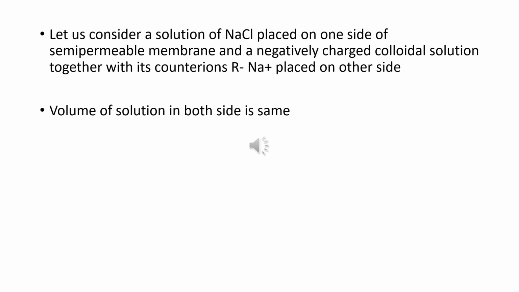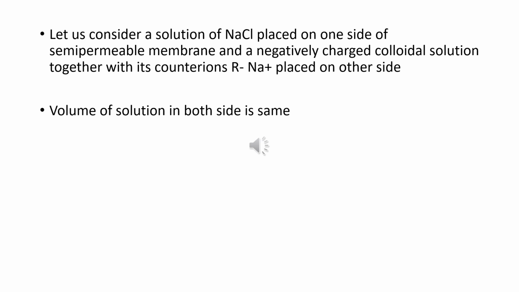The volume of both solutions is the same. The large negatively charged colloidal ion R minus cannot pass through the membrane, but the smaller ions like Na plus and Cl minus can move across the membrane.